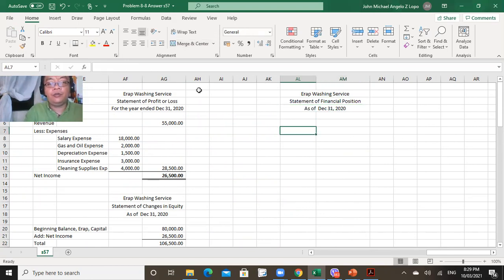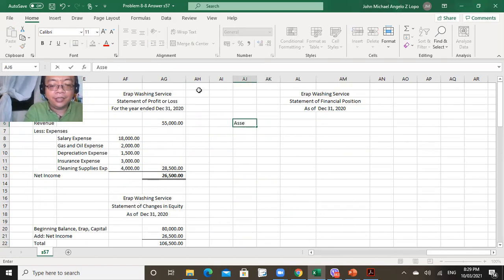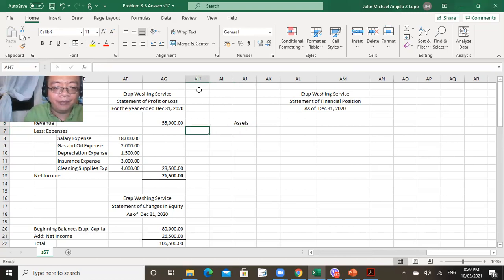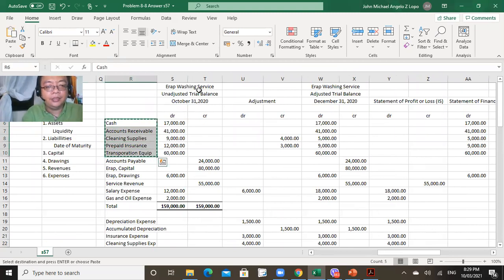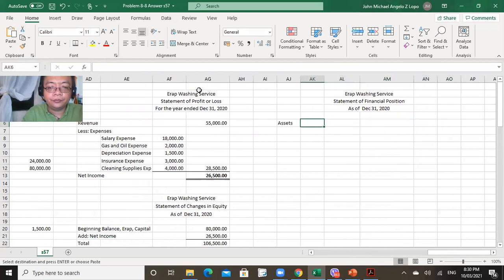All right. So here again, the first thing is to prepare your assets. What are the assets? Just copy them from earlier. Cash up to this. So you have your cash.